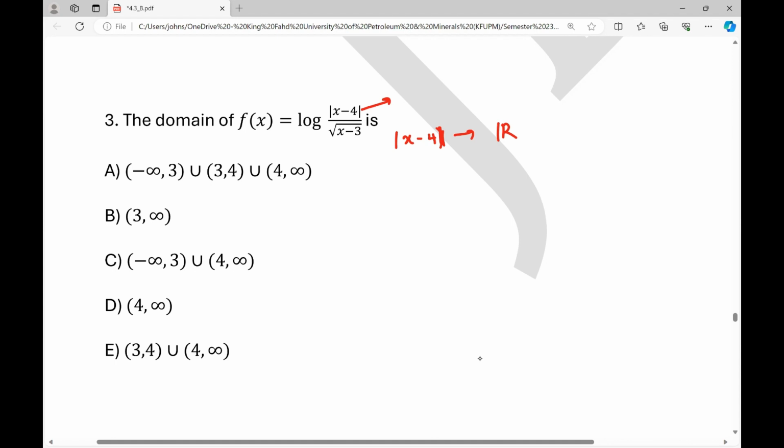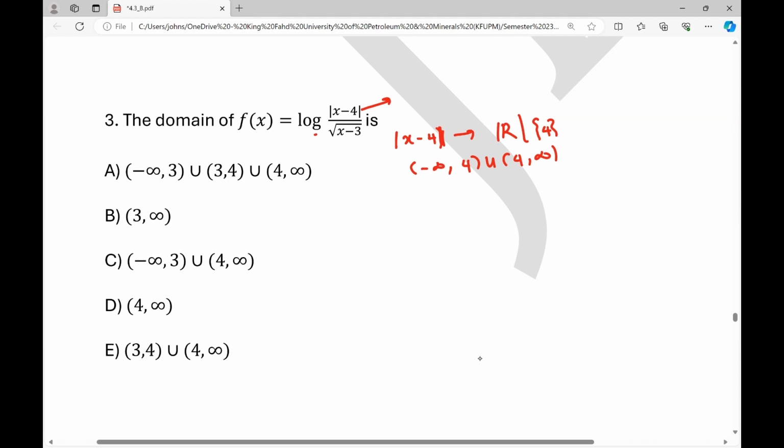So you have 0 over something, which will be 0, right? And we cannot take the logarithm of 0. So for this one, we have to remove 4. So we're going to have minus infinity to 4 union 4 to infinity.